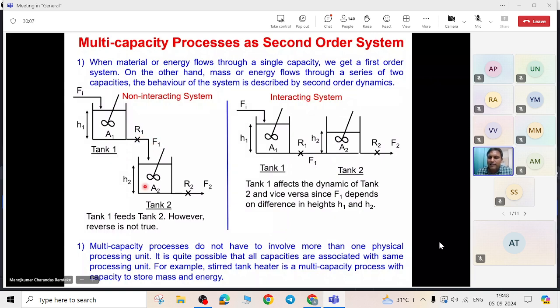This F1 is given as an input to the second tank, and with respect to that, the outlet is F2. I am interested in finding out how the height H2 in tank 2 varies when there is a change in Fi. Let's say if there is a disturbance in Fi, in that case, how is this H2 going to respond to the change in Fi, that is what I am trying to look at. Okay.